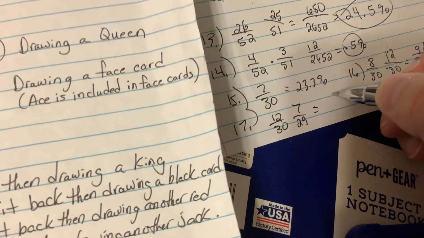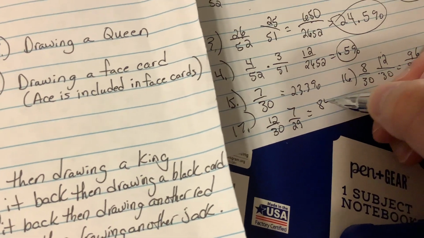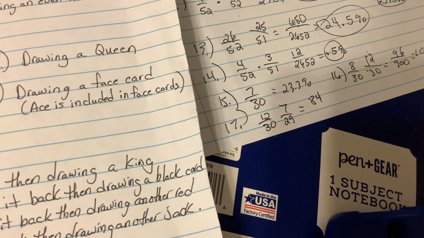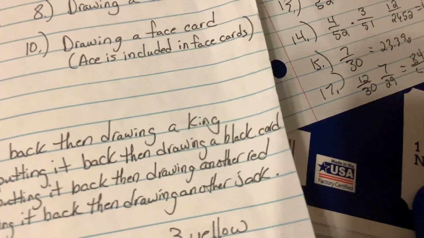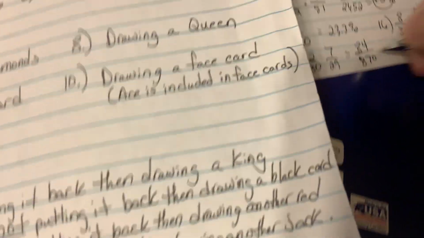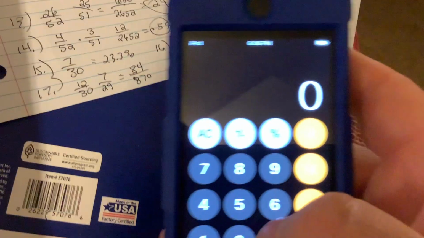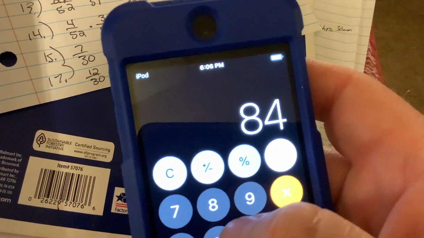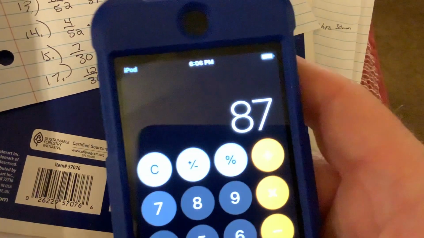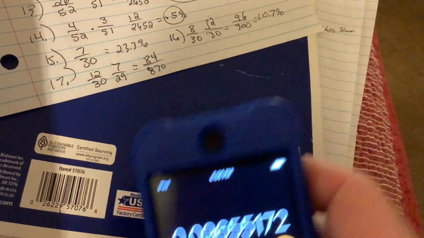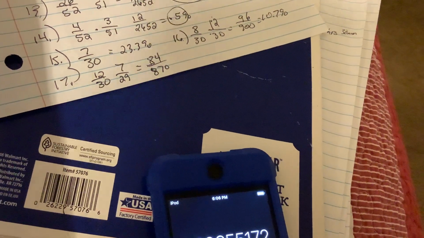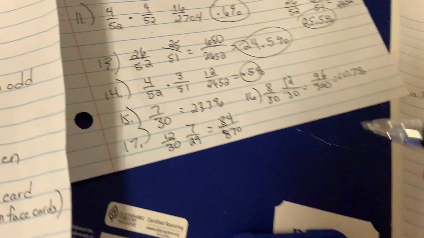So multiply the tops, you get 84, and multiply the bottoms, you get 870. So 84 divided by 870 is 9.7%.